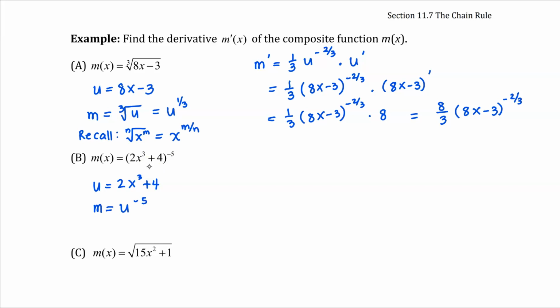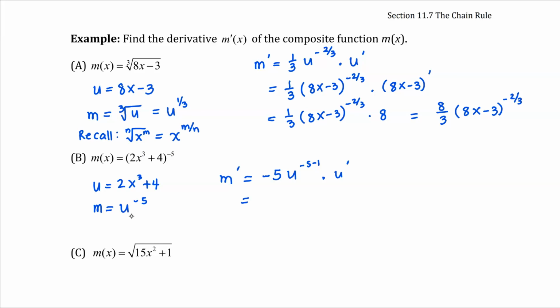Then we can differentiate m. So the derivative of m, using the general power rule, is negative 5 u to the negative 5 minus 1 times u prime.